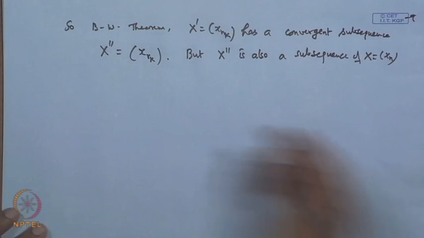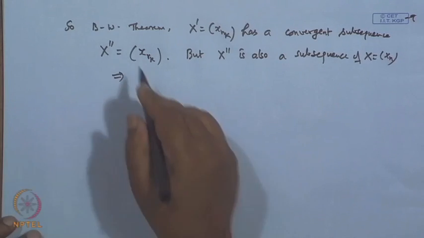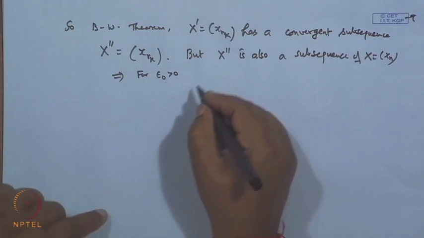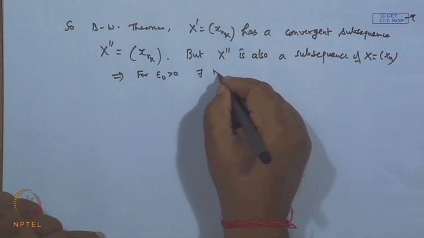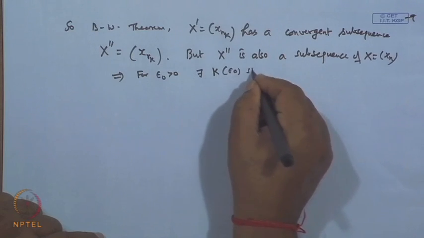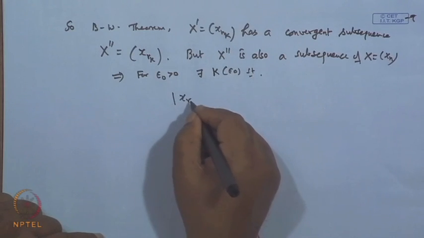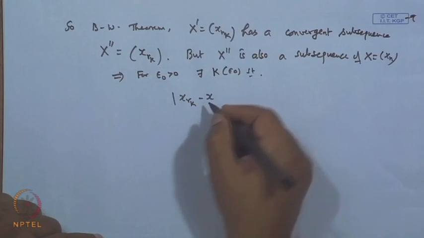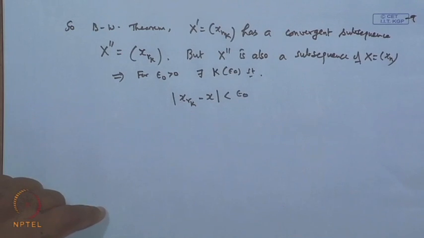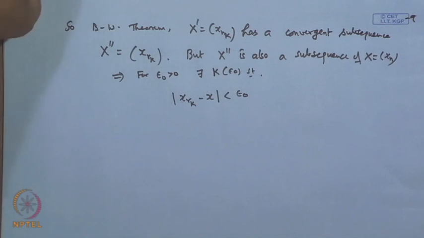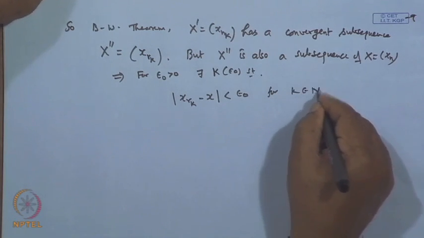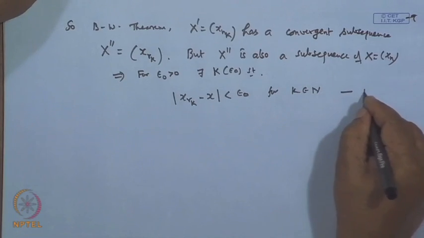This implies that for a given epsilon naught greater than 0, there exists an integer capital N, depending on epsilon naught, such that mod of x r k minus x is less than epsilon naught for all k greater than or equal to capital N. Let it be 2.